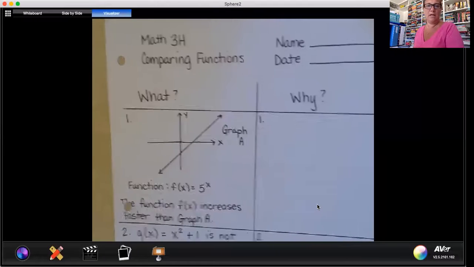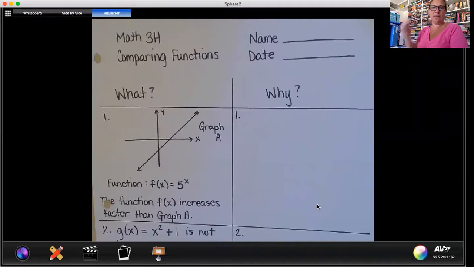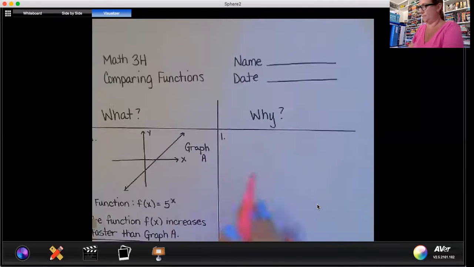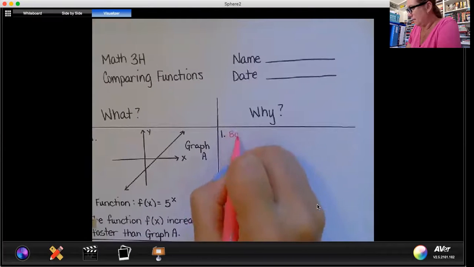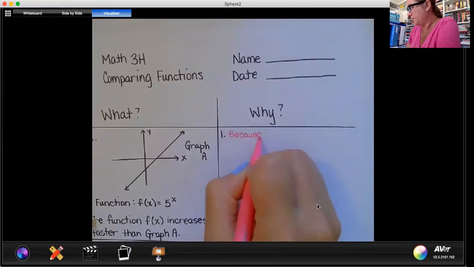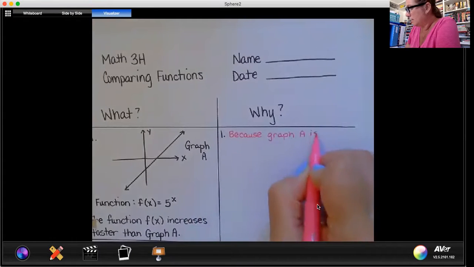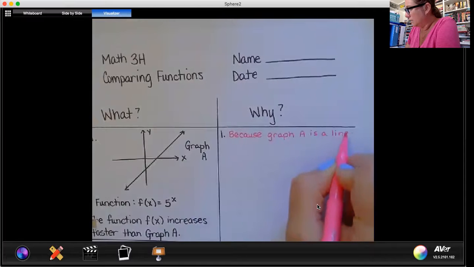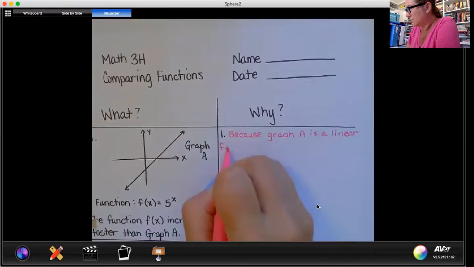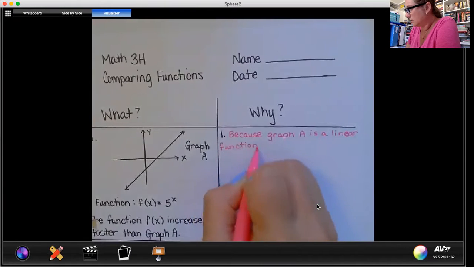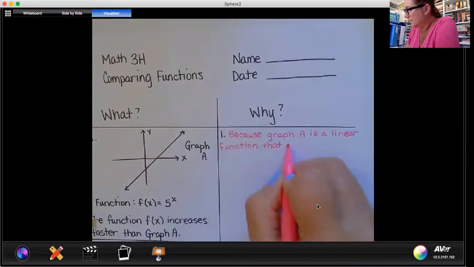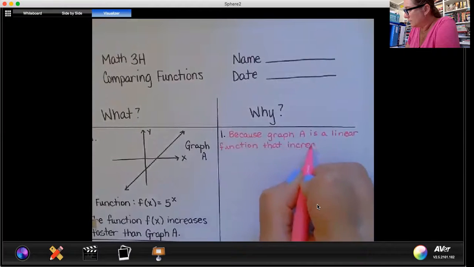Let's see if what you had is correct. If it's not, just make corrections there on your paper. So the function f of x, 5 to the x power, increases faster than graph A. Why? You should have something along these lines. Because graph A is a linear function that increases at a constant rate.